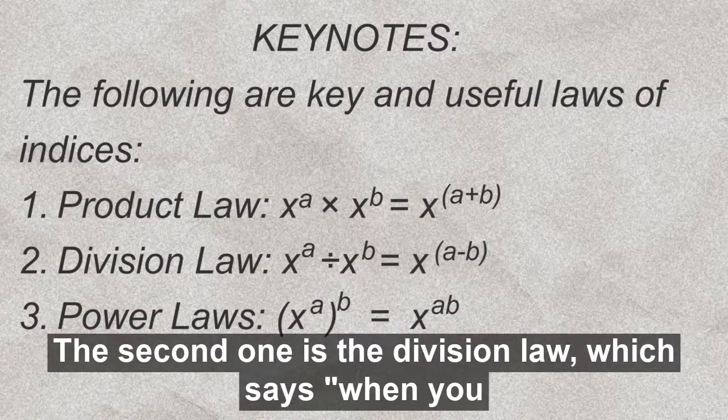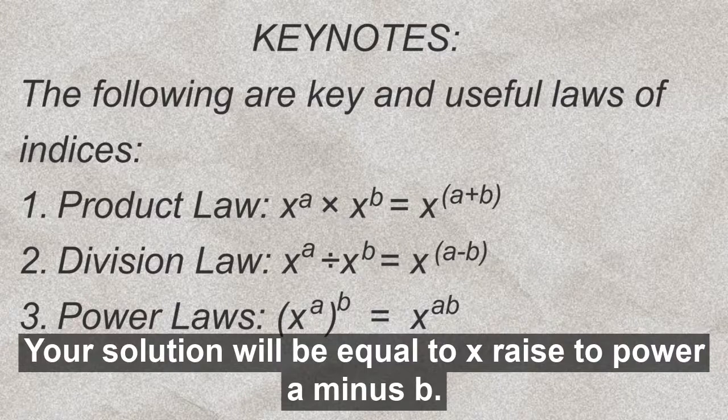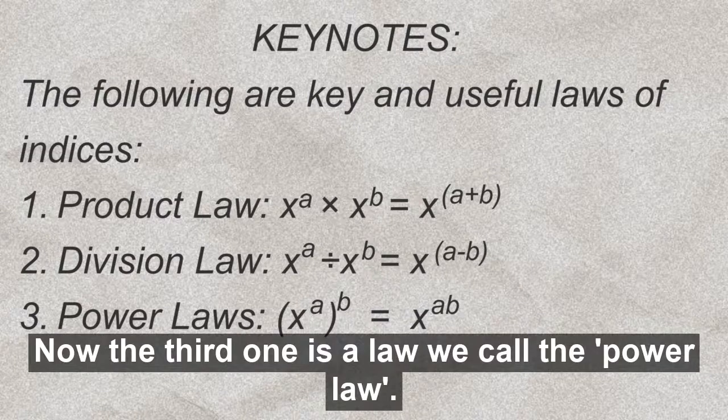The second one is the division law, which says when you have a given value, let's say x raised to power a divided by x raised to power b, your solution will be equal to x raised to power a minus b. Now the third one is a law we call the power law.